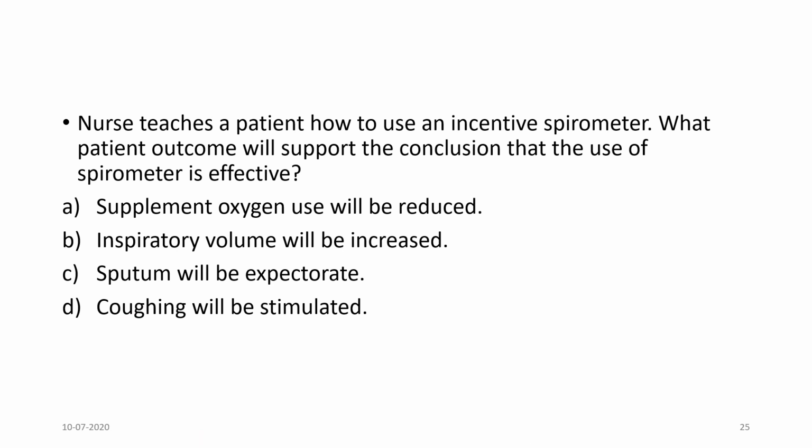So here the right option is that inspiratory volume will be increased. The purpose of this spirometry is to increase the inspiratory volume, and after anesthesia or any surgery, postoperative patients can use it to increase their respiratory function.